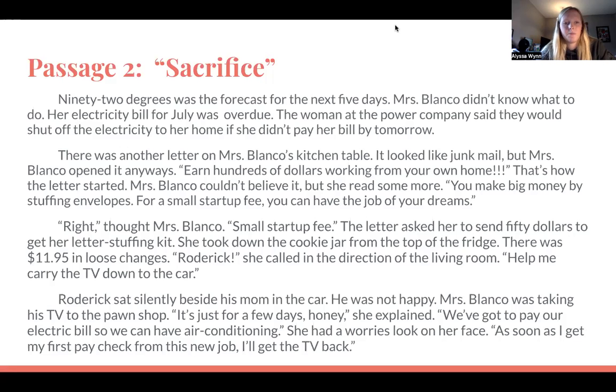Roderick sat silently beside his mother in the car. He was not happy. Mrs. Blanco was taking his TV to the pawn shop. It's just for a few days, honey, she explained. We've got to pay our electricity bill so we can have our air conditioning. She had a worried look on her face. As soon as I get my first paycheck from this new job, I'll get the TV back.